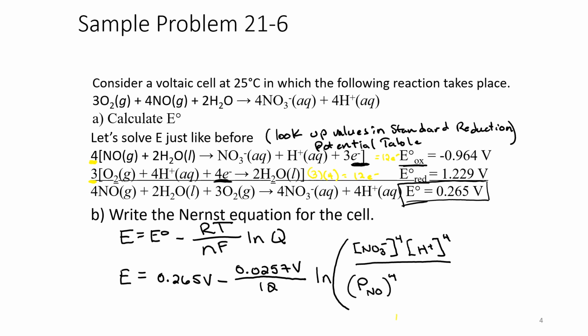Water's a liquid, we're leaving it out, just like we have all semester long, times the partial pressure of oxygen cubed. And that is our Nernst equation. So probably the hardest part of that is just figuring out the n, the number of moles of electrons transferred. So make sure that we can do that.